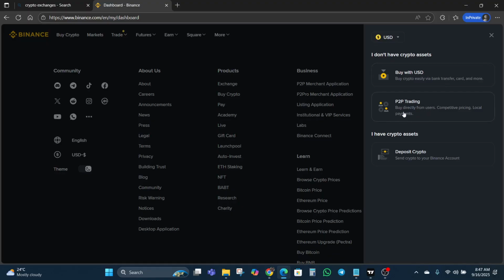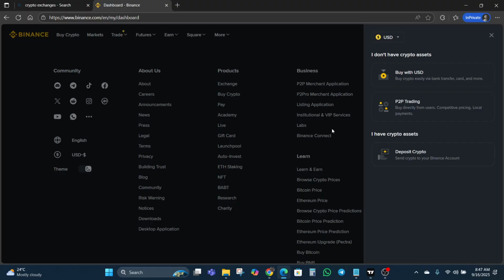Here you can use P2P trading. You can buy directly from users, competitive pricing, local payments, or you can just deposit crypto to your Binance account. Depending on the exchange, you can use whatever deposit method is available. Once your funds are in, your account is ready to start trading. This is where you'll be able to buy, sell, and explore the market.